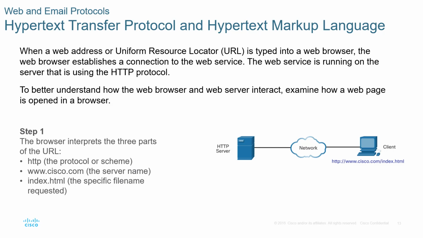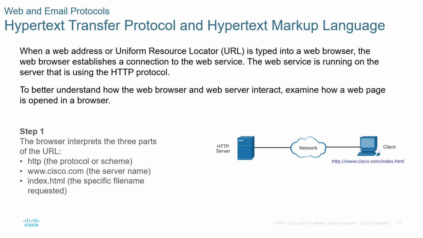HTTP or HTTPS is the protocol or scheme. Then the actual domain, the fully qualified domain name, would be like www.cisco.com. www is the subdomain of Cisco. And then the .com is actually an extension.